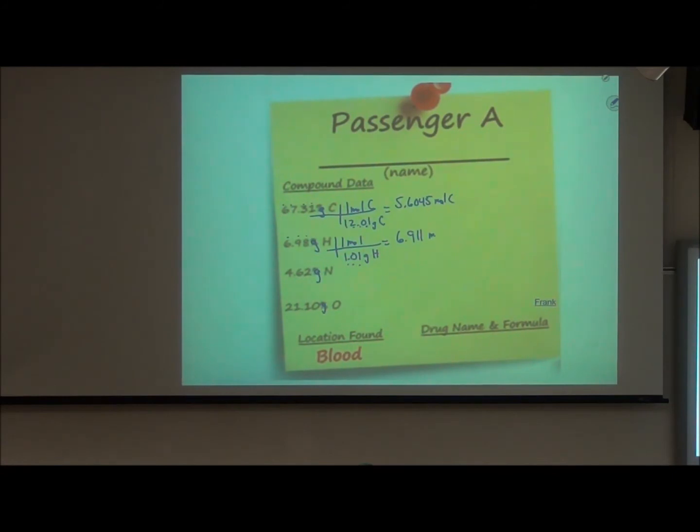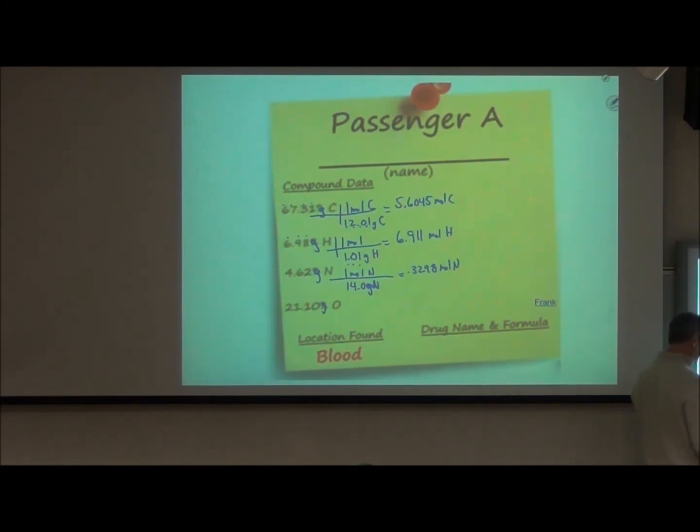Moles of carbon, moles of hydrogen, nitrogen, 3 significant figures, so that becomes 14.0 grams of nitrogen for 1 mole of nitrogen. That gives 0.3298.